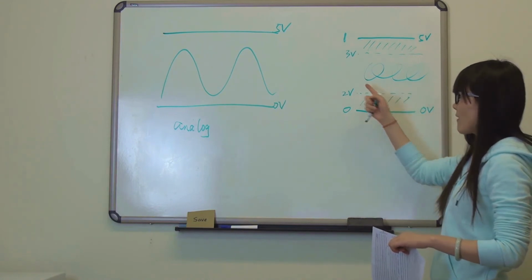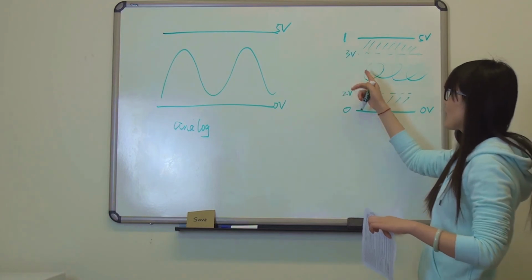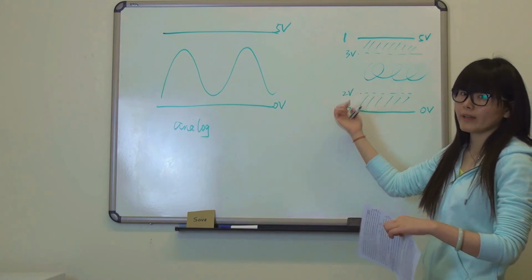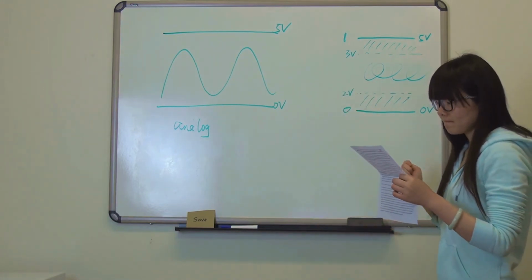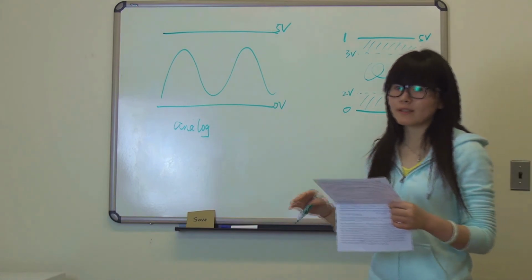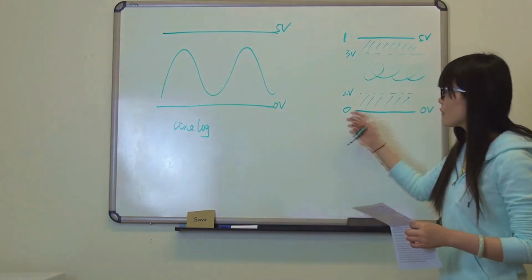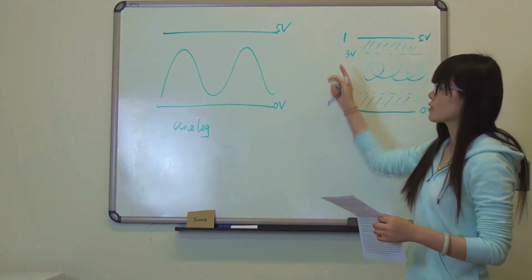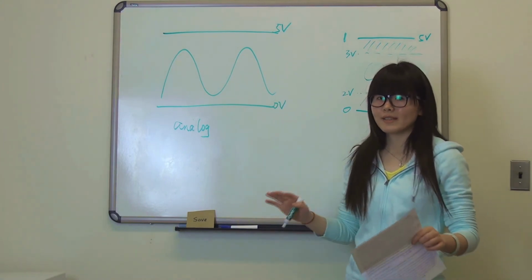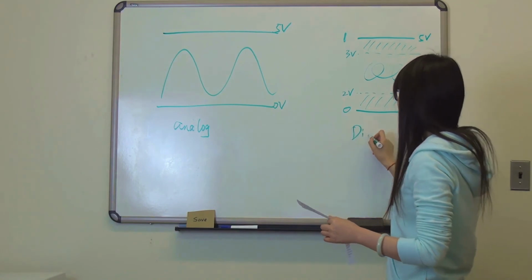If you have some value in this dead area, the digital value will be kind of floating, so this is something we have to avoid. The threshold voltage depends on the transistor technology that is being used in the microcontroller, so for different microcontrollers we have different threshold voltages. Okay, this is digital.